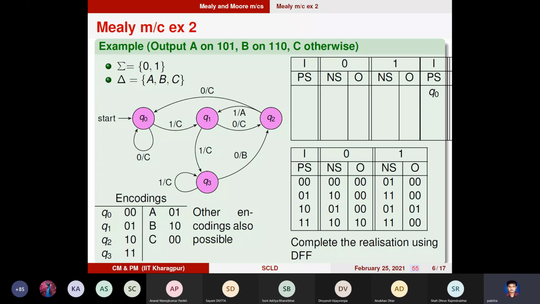Okay, so if you look at this table, it is nothing but a set of truth tables. So you have present state 0, 0, input 0. So it's 0, 0, 0, and the next state has 2 bits. Similarly, the output has 2 bits. So one truth table for the first bit and another truth table for the second bit.